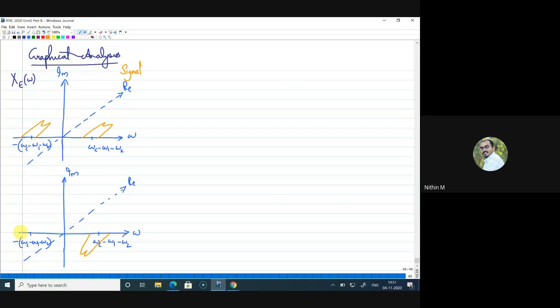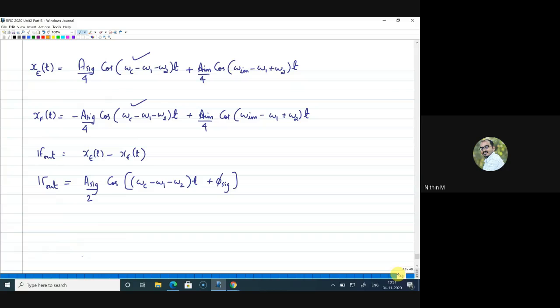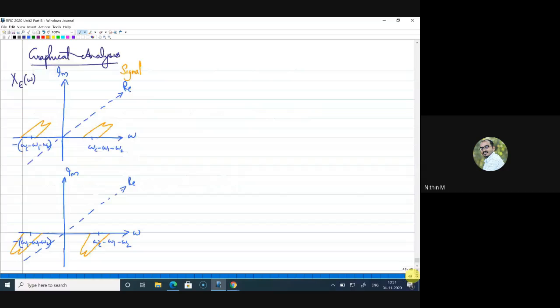These are the values that we have seen even from the equation. The X_F of t component has a negative amplitude, so it is opposite. Now we need to subtract it so that we can retain the signal component.